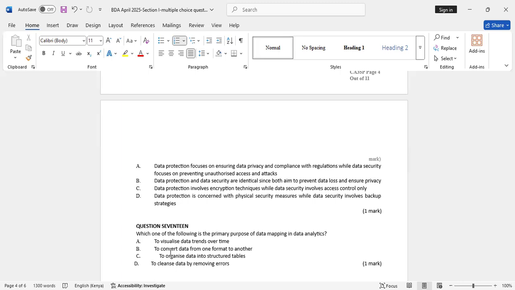Encryption is just part of data protection, but it's not the only technique under data protection, because data protection involves privacy and compliance.